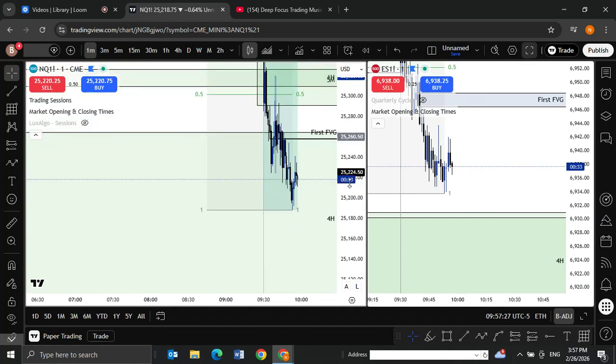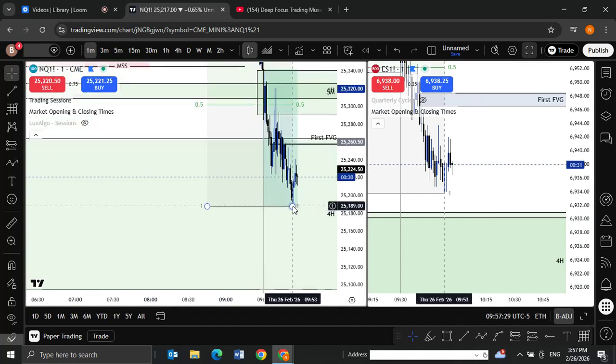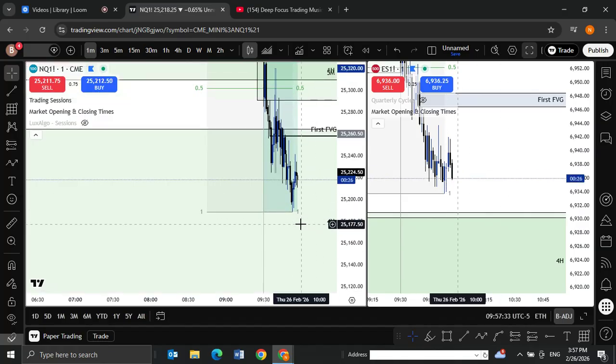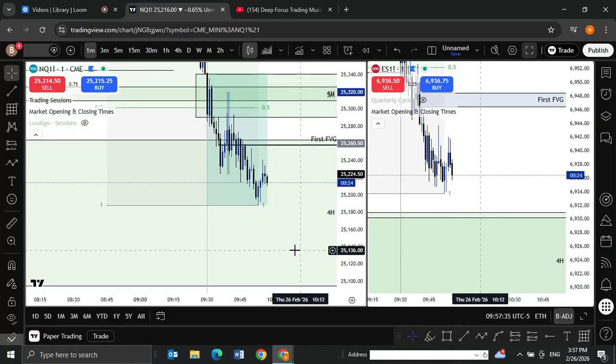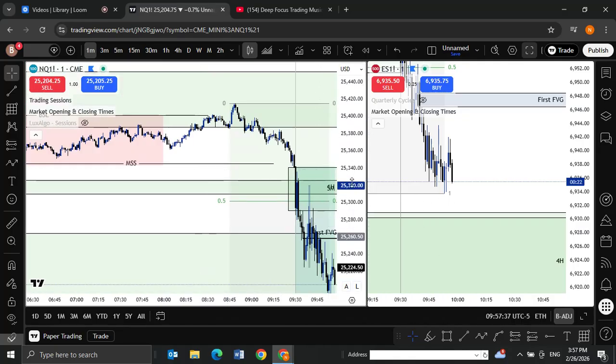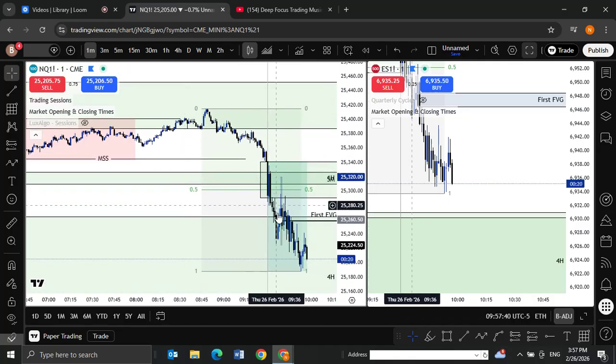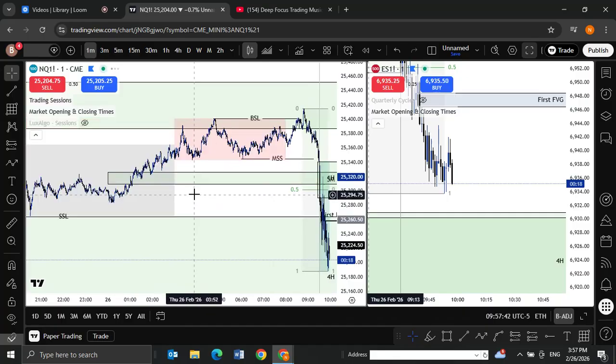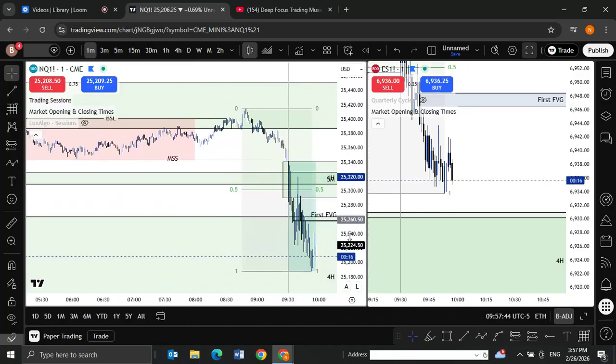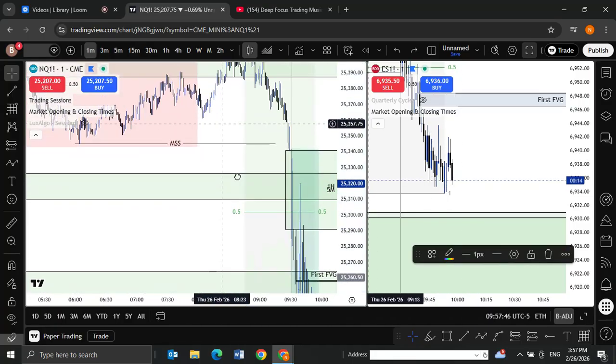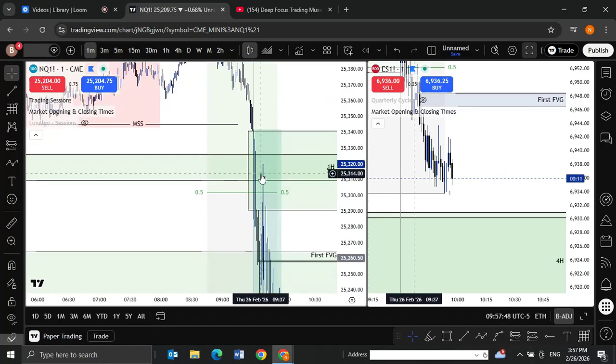The thing I don't like now is that we are in macros, so technically that might be the bottom. But let's see. For now, I can already say that it's definitely not the manipulation phase. I would say manipulation was here, but not here.